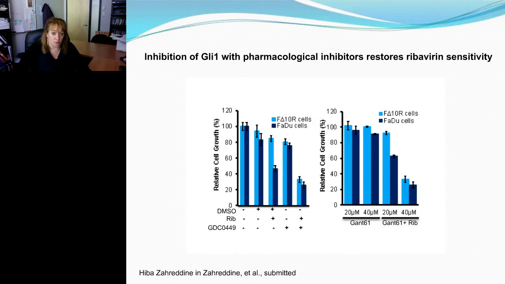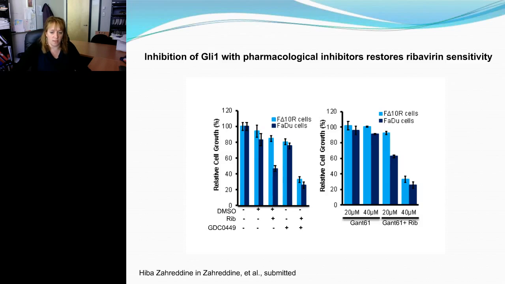So obviously, we'd like to establish pharmacological means to control this. And what you're seeing here is just looking to see whether addition of the GLI1 inhibitor GDC could allow resensitization and loss of the glucuronide. So here, let's first look at resensitization. So in light blue are the type 2 resistant cells, and in dark blue are the parental cells.